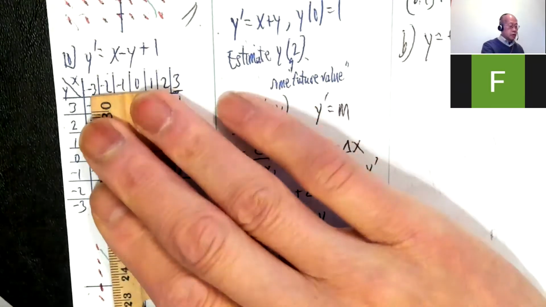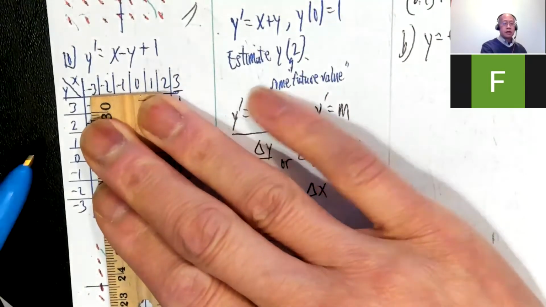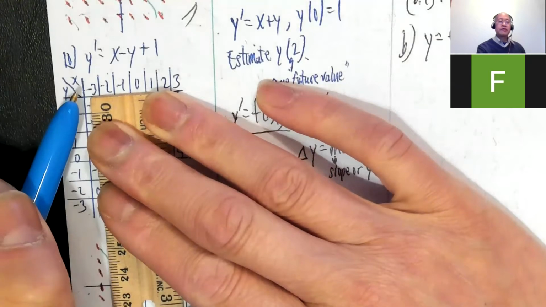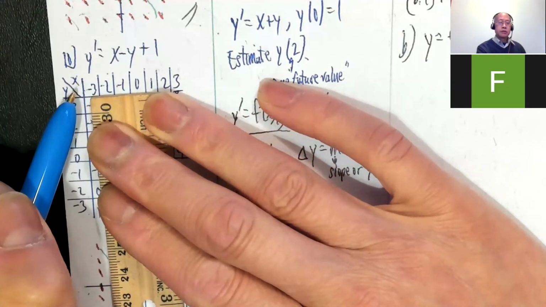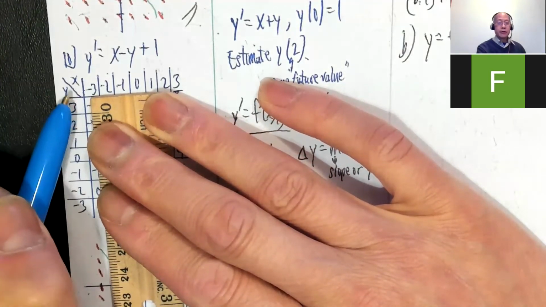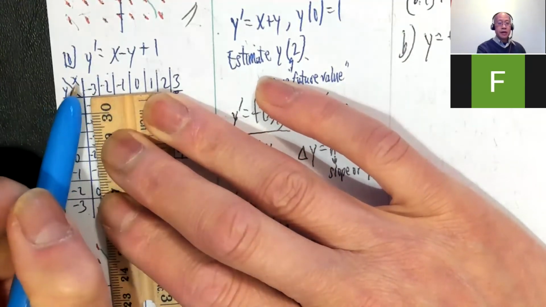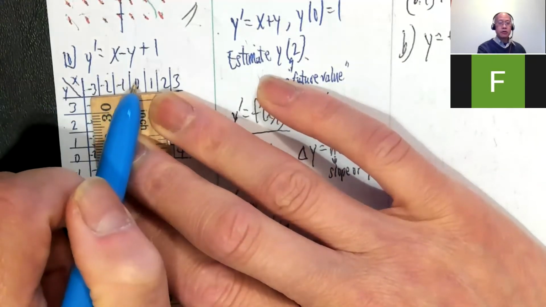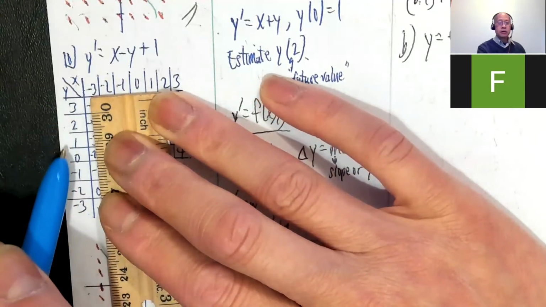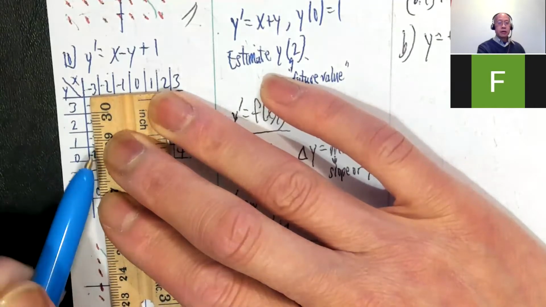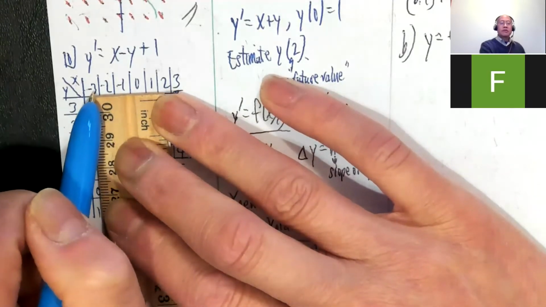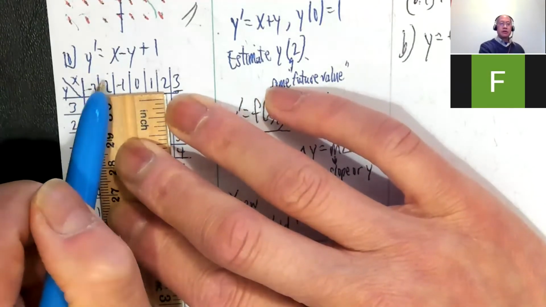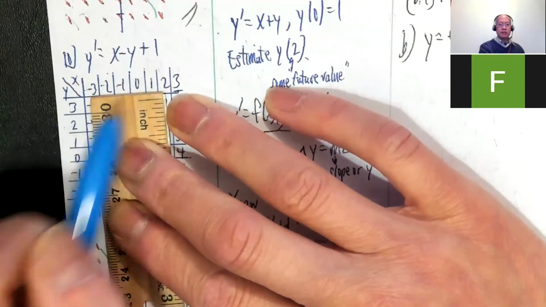So what do you do? You always start off with this. Okay, so if I give you something like this on a quiz or homework or test, always fill it out like so. X here, Y here, -3, -2, -1, 0, 1, 2, 3, and 3, 2, 1, 0, -1, and so on. This is natural. I don't think anybody is going to put 3, 2, 1, 0, -1, -2, -3 across the top.